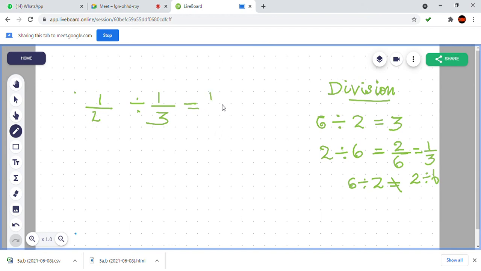Find the reciprocal and multiply. Very good. Reciprocal of the second fraction, multiply. Reciprocal means we turn the numerator and denominator upside down. So 1 by 3 becomes 3 by 1. Multiplying, 1 times 3 is 3 and 2 times 1 is 2. So the answer is 3 by 2.